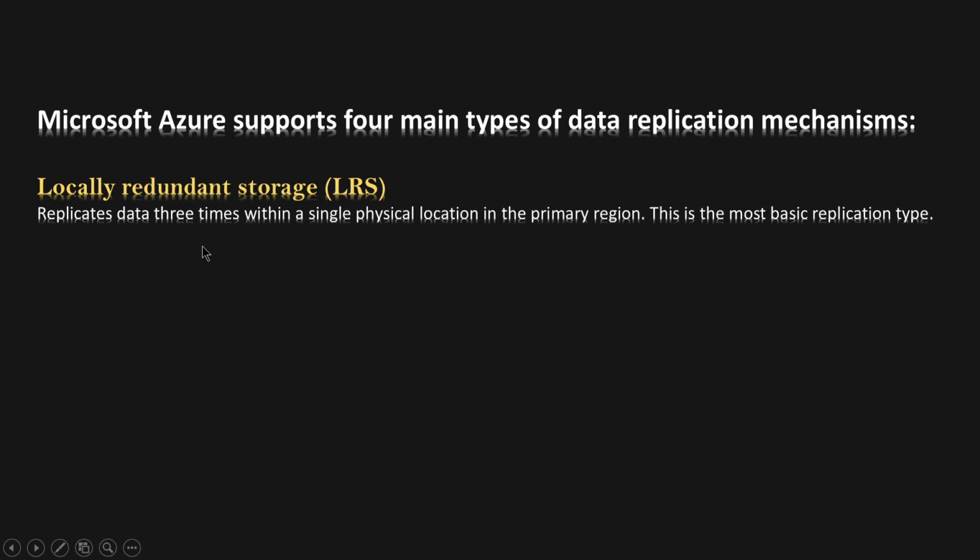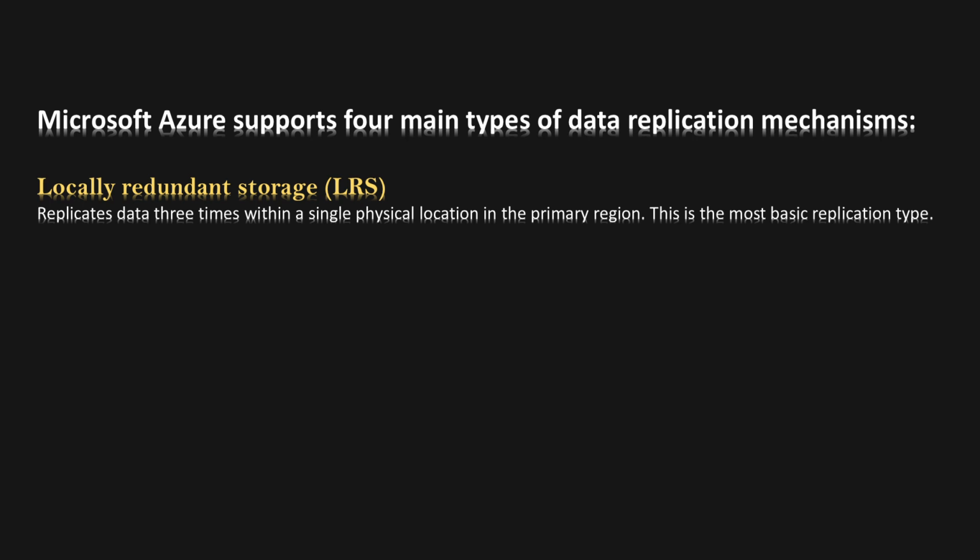First is locally redundant storage, LRS. It replicates the data three times within a single physical location in the primary region only, and it is the most basic and cost effective solution of replication. I will give you an example about it.